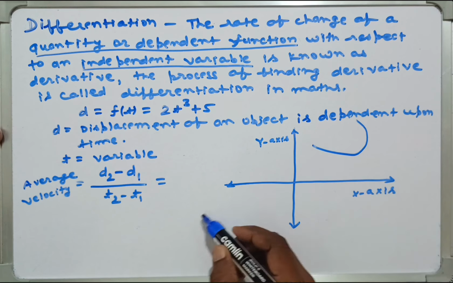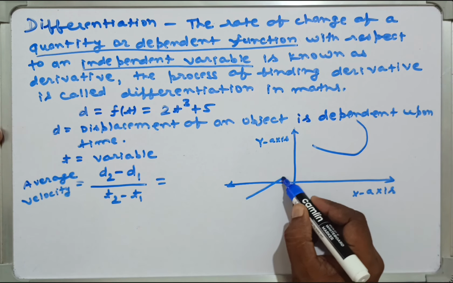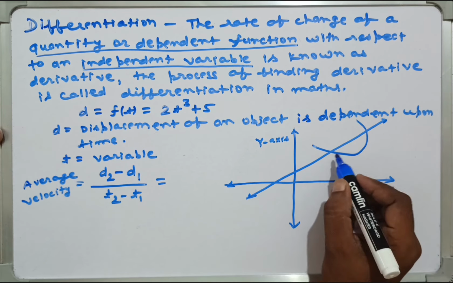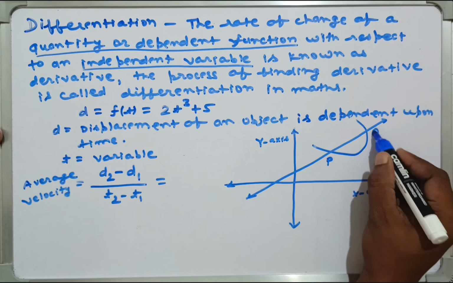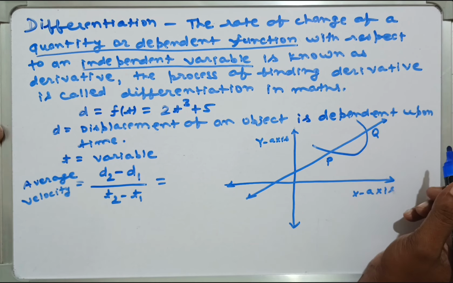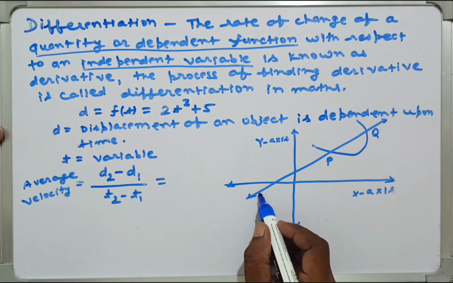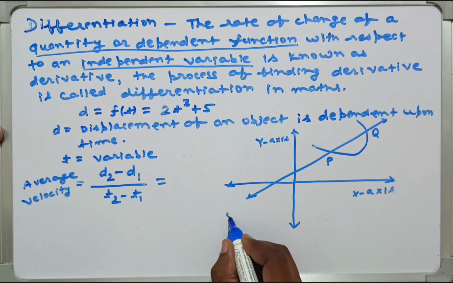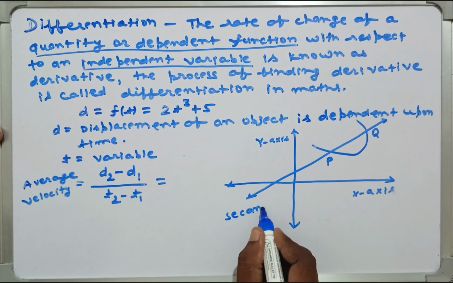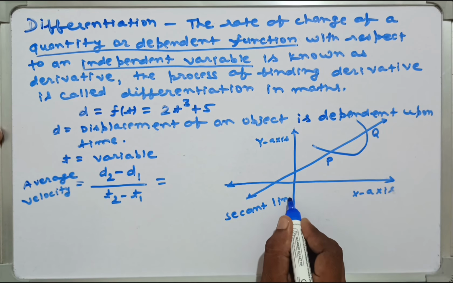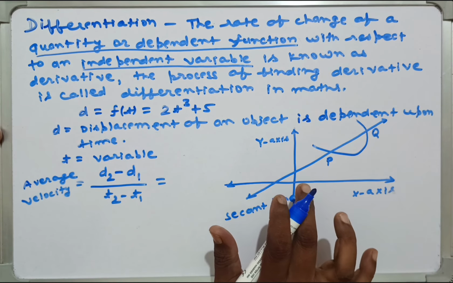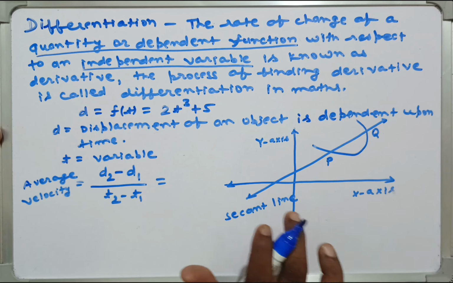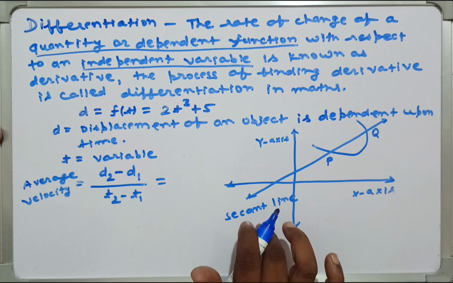When a straight line cuts this curve at two points, say P and Q, this line is known in maths as a secant line, meaning a line which cuts the curve at two points is known as a secant line.